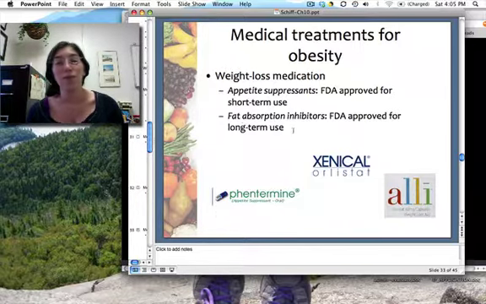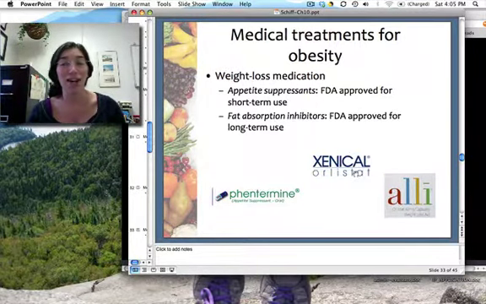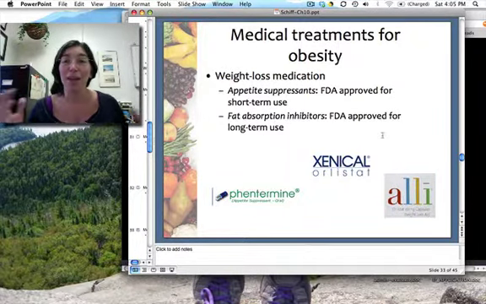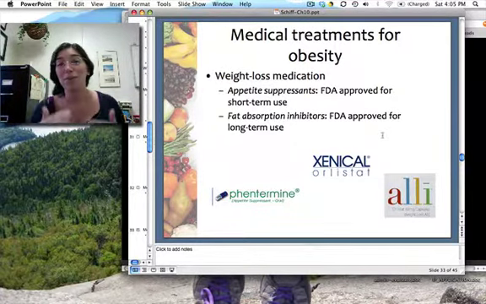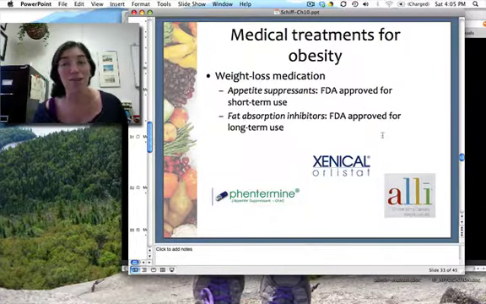There are also fat absorption inhibitors, which we talked about in the chapter on fat. Alli and Xenical are two different doses of a drug called Orlistat. They essentially inhibit the lipase enzyme that breaks down your triglycerides. If you can't break down the triglycerides, you can't absorb them, and they just end up passing through.